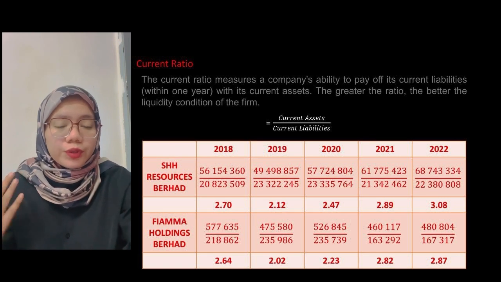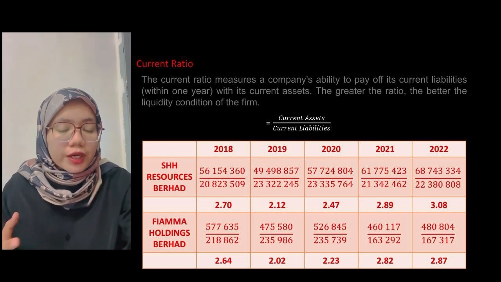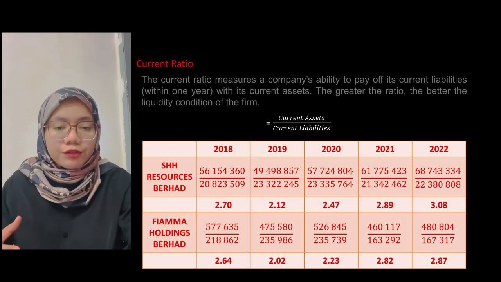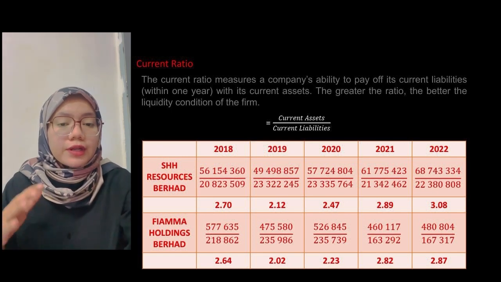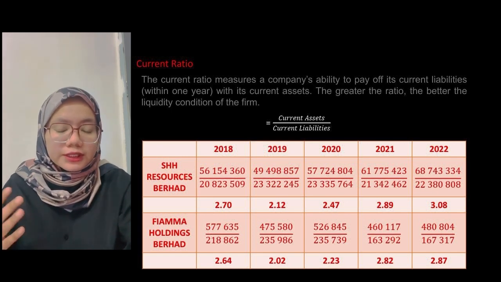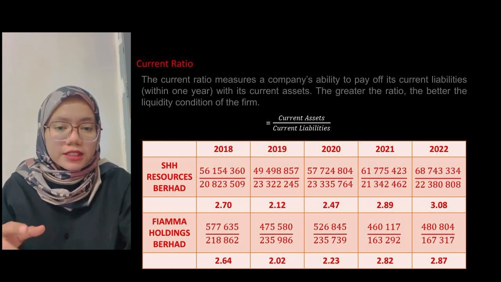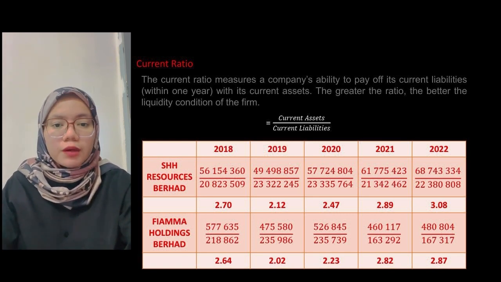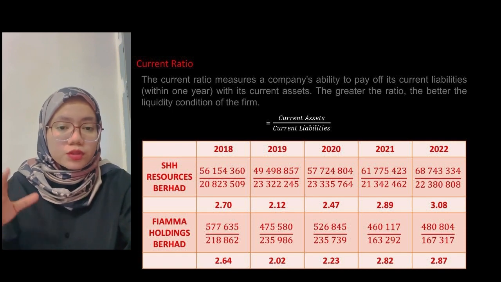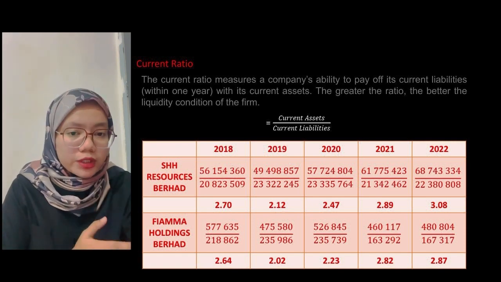Okay, so how do we calculate current ratio? Current ratio can be calculated by dividing current assets by current liabilities. The numbers on the slide are the current ratios recorded for SHH Resources Berhad and Fiamma Holdings Berhad from year 2018 to year 2022.